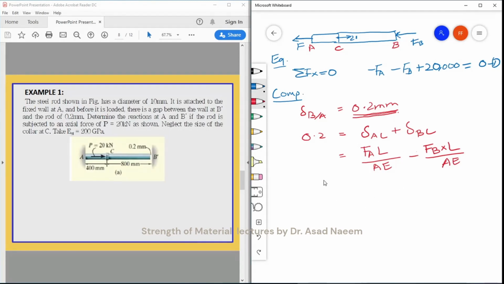So just by putting the values, we can calculate that 400. Okay, this is this length divided by area, which is pi r square.